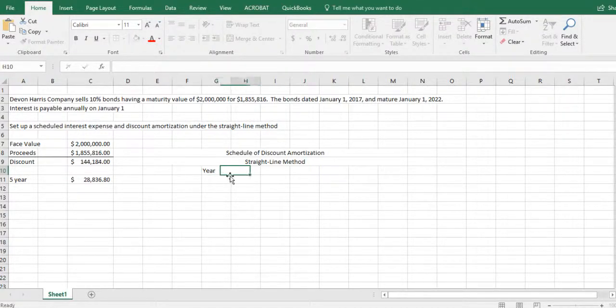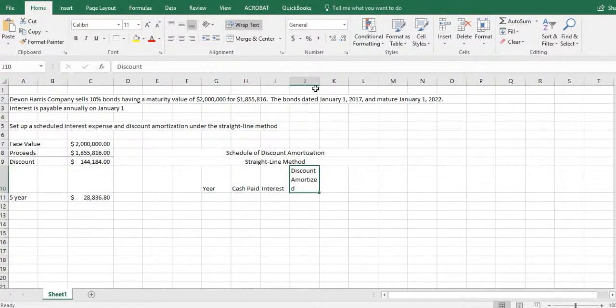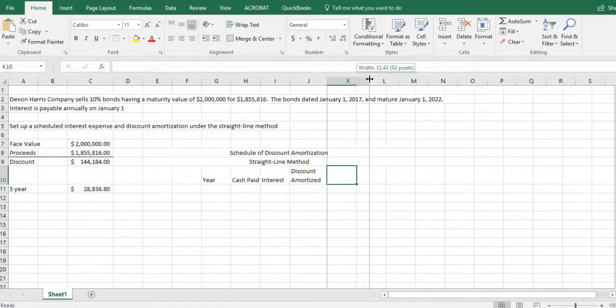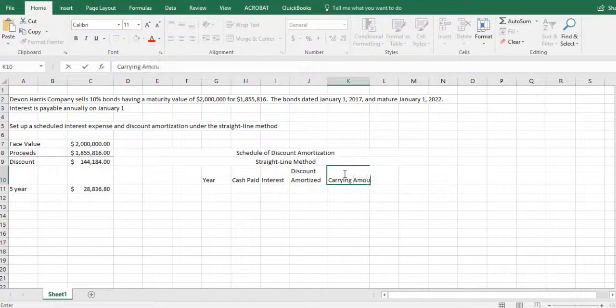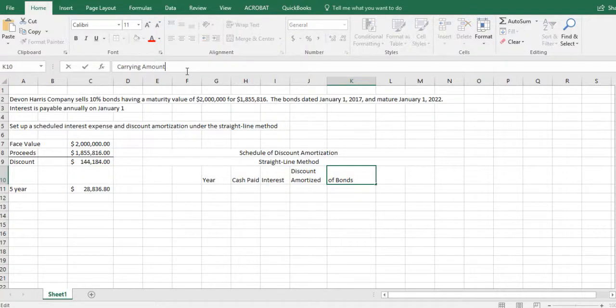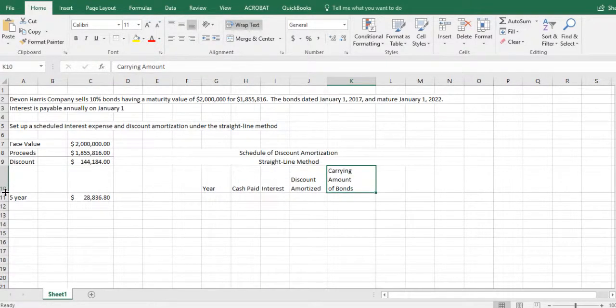So we have the year it's applicable, the cash that's going to be paid, our interest, our discount amortized, and the carrying amount of the bonds.